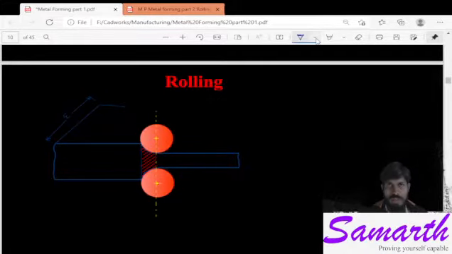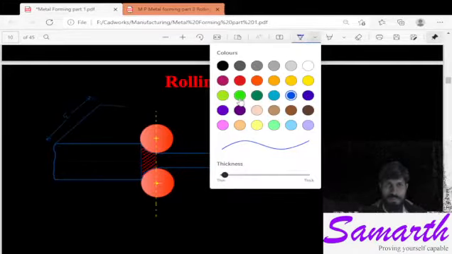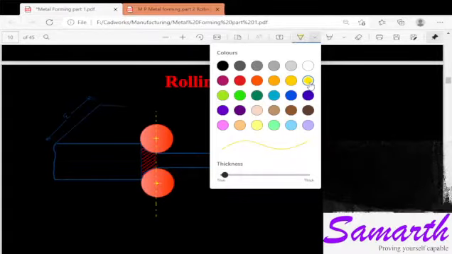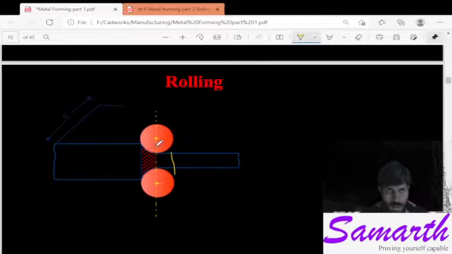I'll use a different color, yellow. Let us say here is one small roller, and on the other side there will be another roller, to avoid the deformation in this direction of width.